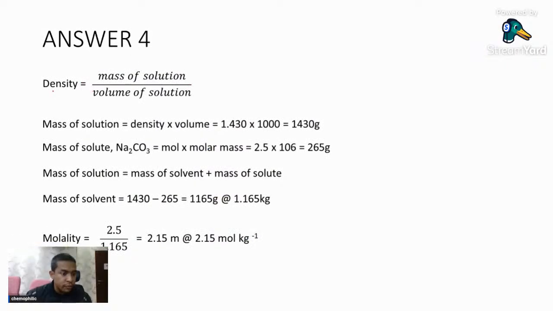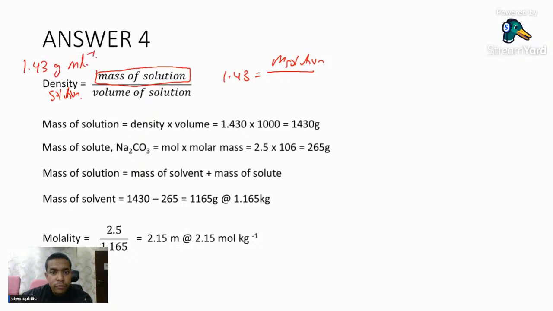From this formula of density of solution, we need to find the mass of solution. So when you substitute the values, 1.43 is equal to mass of solution divided by volume of solution. If you see the density unit, the density 1.43 is in grams per mL.